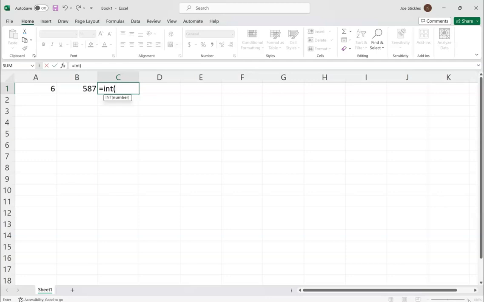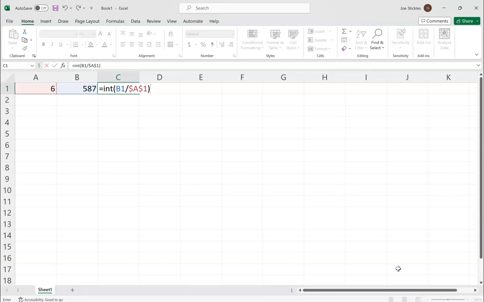So the integer part of this number, I'll just grab this part, divided by the base, and then again we'll change that to an absolute cell reference. I'm dividing the number by the base here.